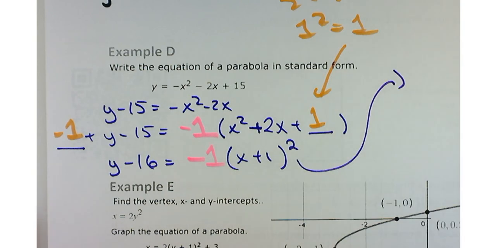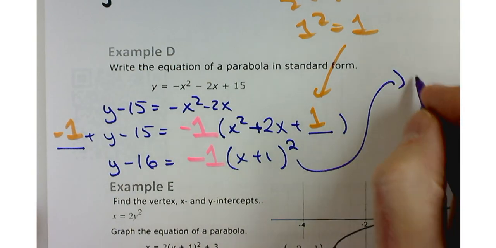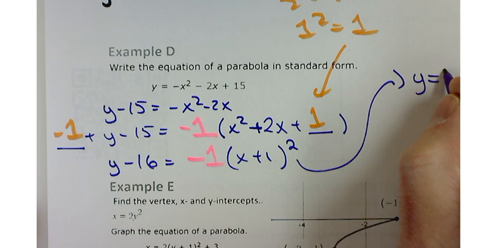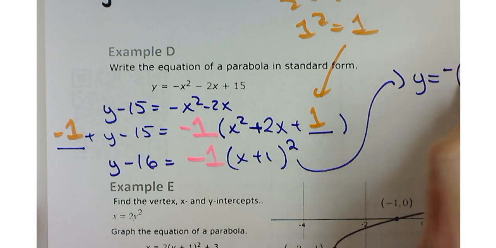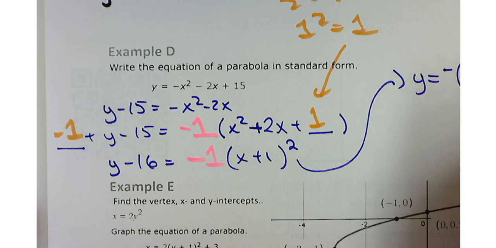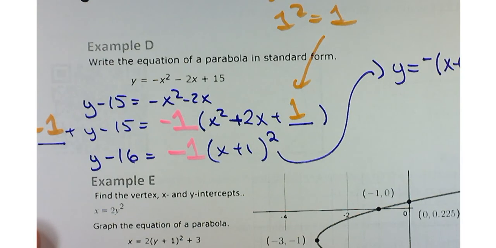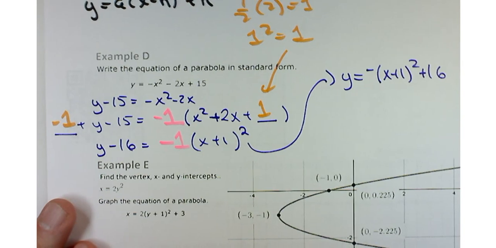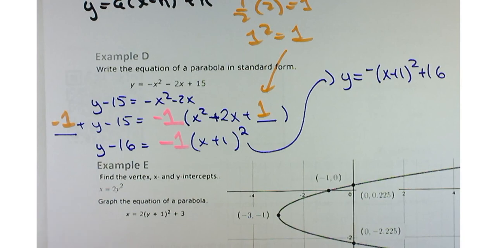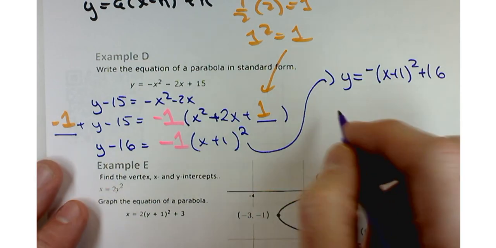And finally, let's move that 16 back to the right-hand side. Y equals negative of x plus 1 squared plus 16. That's what I wanted. That's in a nice, neat form. And I can look at this and tell maybe the vertex.